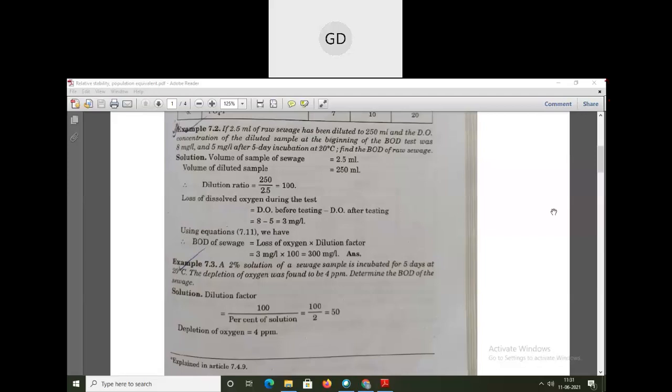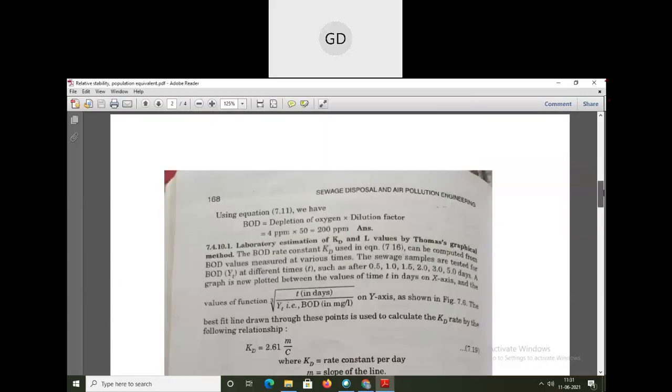The depletion of oxygen is 4 ppm. Depletion of oxygen means your loss of oxygen. Directly you are being given the loss of oxygen, dissolved oxygen value, as 4 ppm. So you have the depletion of oxygen value and the dilution factor value. Now you can automatically find out the BOD of the sewage, where the formula is loss of oxygen multiplied by dilution factor, isn't it?